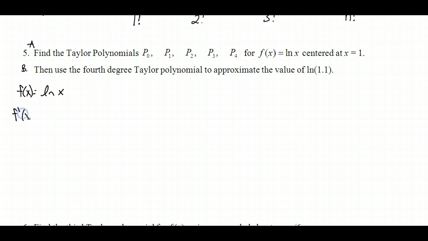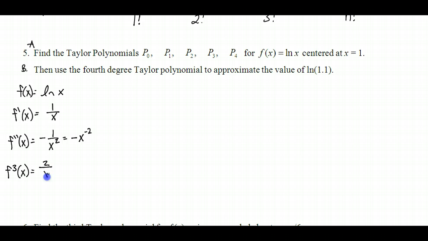Well, then my first derivative would be 1 divided by x. The second derivative, technically now this is x to the negative 1, would be negative 1 x to the negative 2. So negative 1 divided by x squared. My third derivative, so remember this is equivalent to negative x to the negative 2, would be 2x to the negative 3.